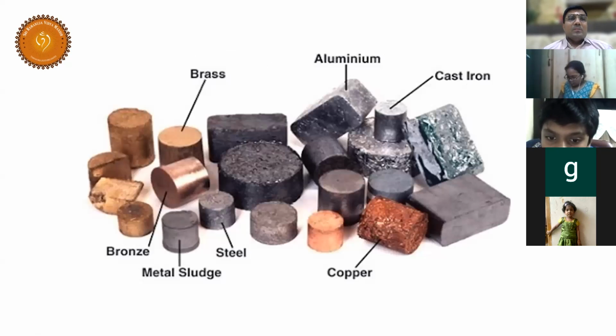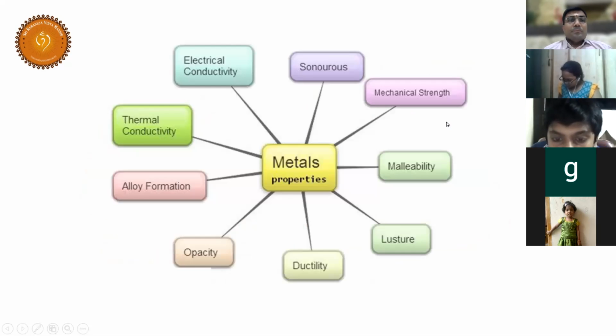Now you can see here some of the examples of metals: brass, aluminium, cast iron, etc. Similarly, can you see here some of the properties of metals? Have a look here in this slide. They have good electrical conductivity.